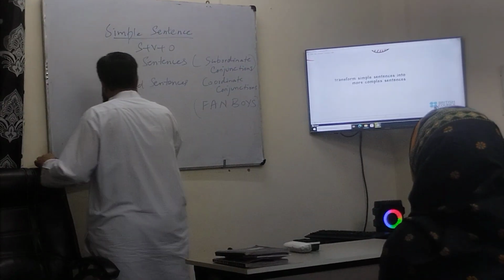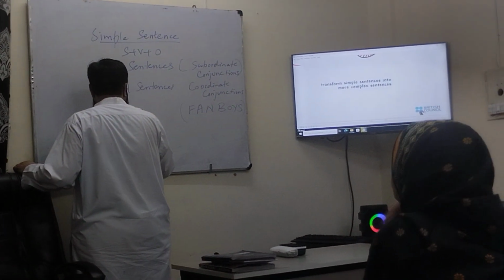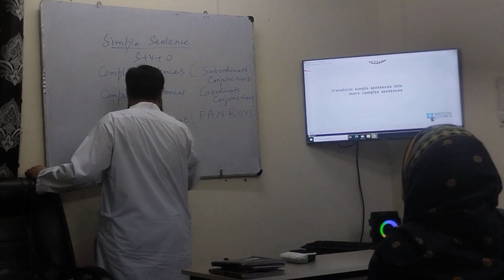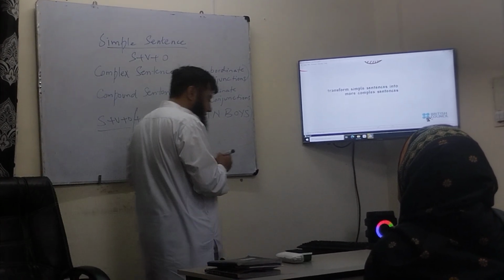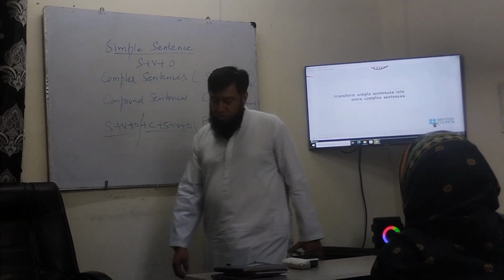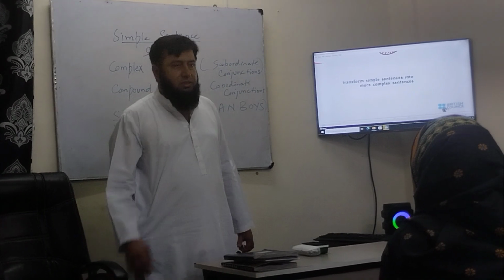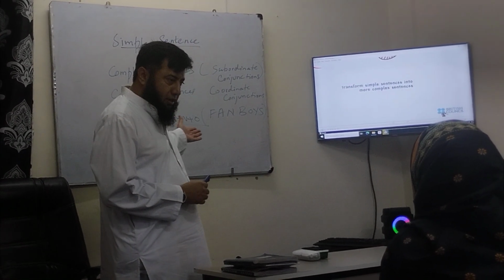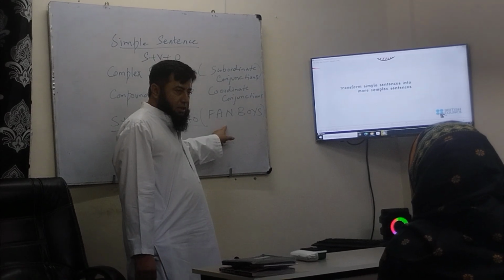So the formula of this one is SVO, CSVO. There are two clauses in it. In complex sentences, one clause is dependent on the other, and there we use subordinate conjunctions, while in compound sentences, mostly we use what? Coordinate conjunctions, ten words. F stands for?